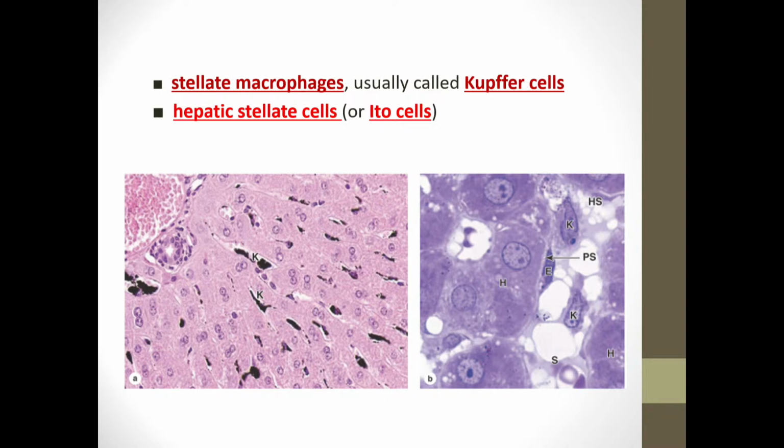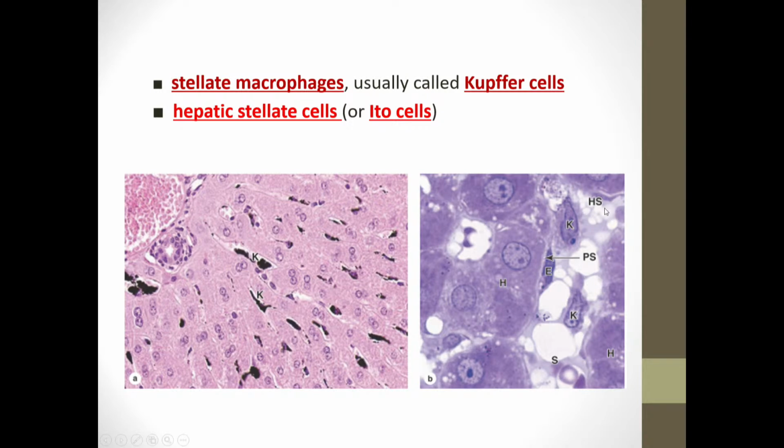And Ito cells, I want to show, these are Ito cells. They are also located in the sinusoidal places. They contain lipid droplets, and their function is vitamin A storage and storage of other fat-soluble vitamins. Can you see these lipid droplets?